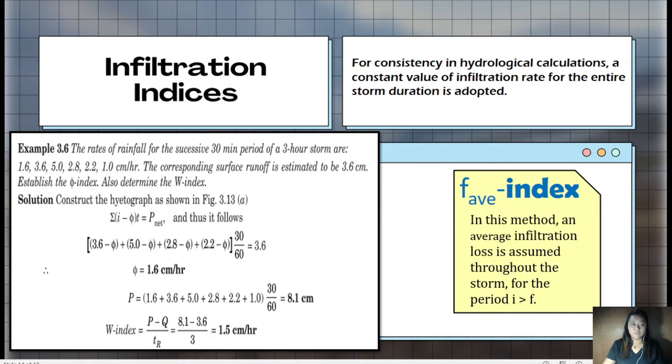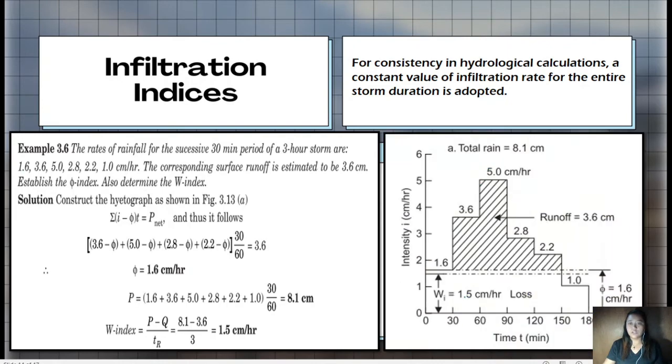So we construct the hyetograph as shown in this figure. So we get the I, which is the rate of rainfall, which is the 3.6, 5.0, 2.8, and 2.2.